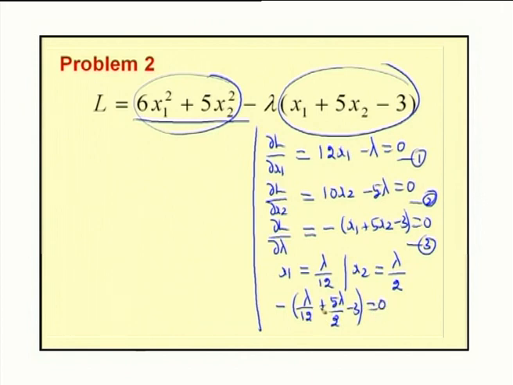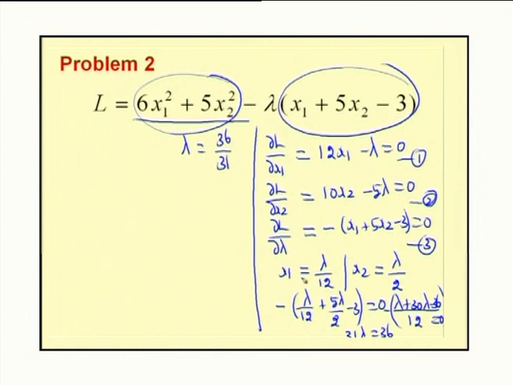Now, by simplifying this equation, by taking LCM, we have 12. So, lambda plus 6 into 5, that is 30 lambda, minus 36 equal to 0. So, from this we have 31 lambda equal to 36, which gives us lambda equal to 36 by 31.